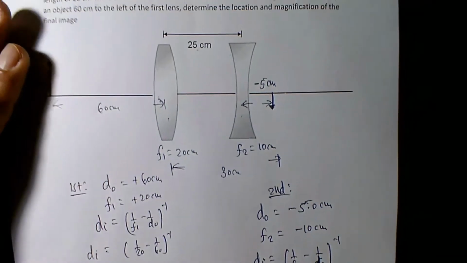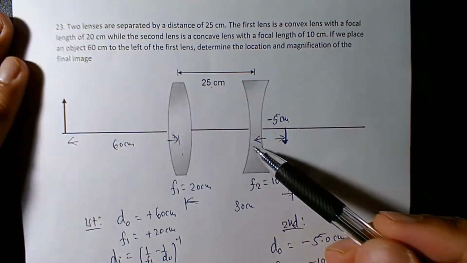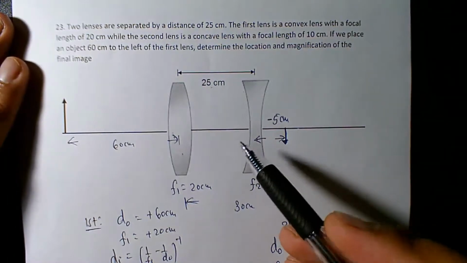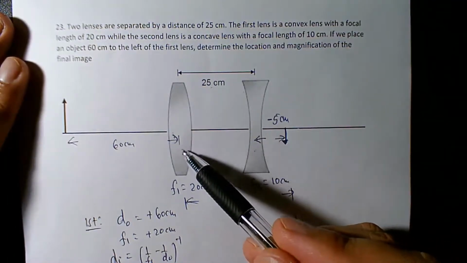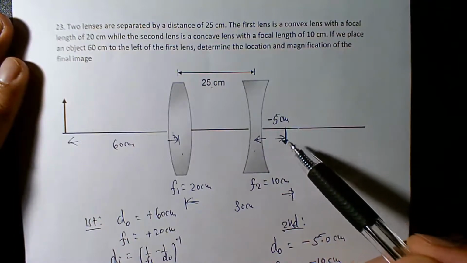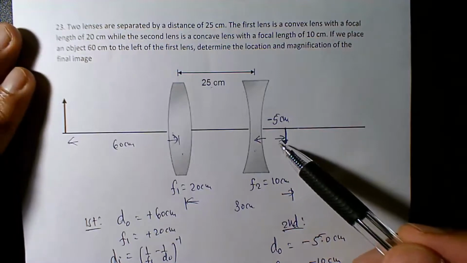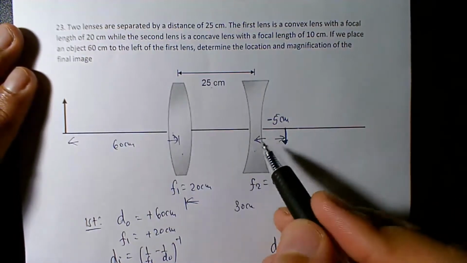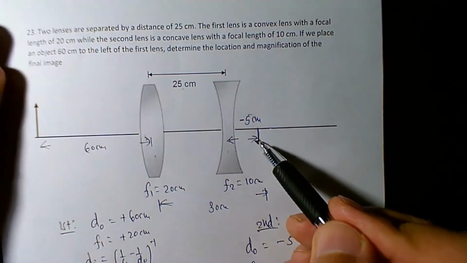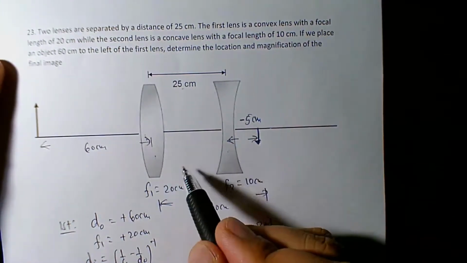So now let's work on the ray diagram, because if the image formed by the first lens lies behind the second lens, it works as a virtual object, and the ray diagram is a little tricky. In the formation of this image, several special rays are involved.